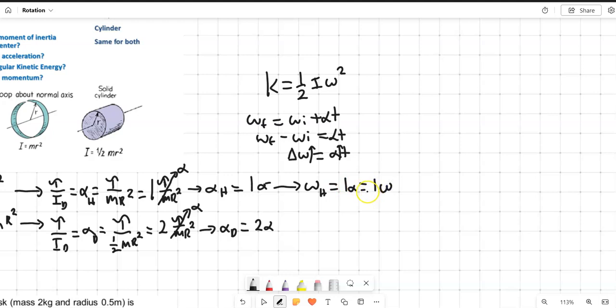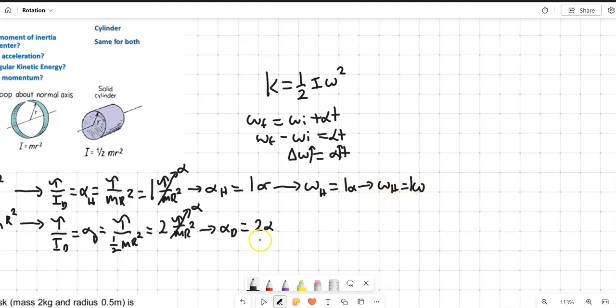Since alpha is going up by 1, the hoop is going to be just 1, so that's going to be 1 omega.